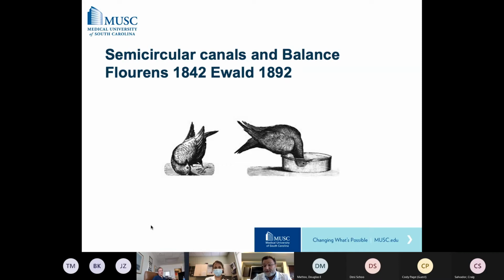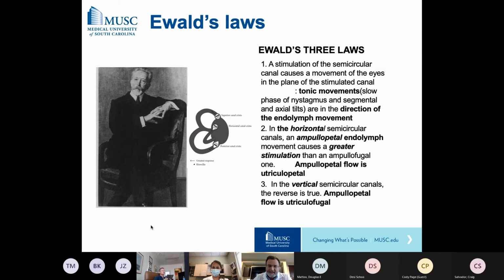When they destroyed the vertical canals, the pigeons could not feed themselves without a torsion of the neck. That's like the torticollis that we sometimes see in those patients, or the compensatory attitude that you see in some of those patients to align the visual plane with how they're feeling. Ewald, 50 years later, instead of destroying the canals, decided to stimulate them and came up with those 3 laws, which basically, if you understand those laws, you can decode any type of vestibular clinical exam that gets thrown at you.